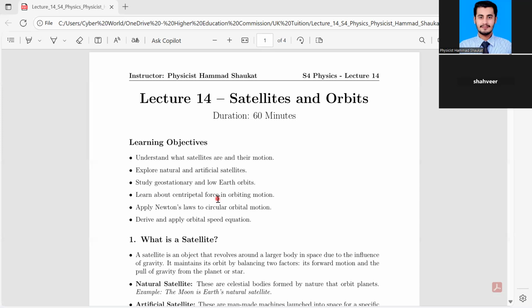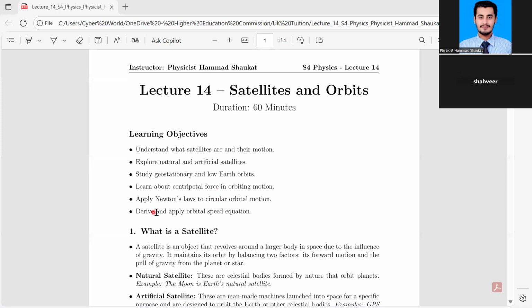Okay, basically, centripetal force is a force in which your body is revolving around a body. If a body is moving in a circle and that body is moving around some specific point or body, this type of motion is called centripetal motion, and the force related to that is centripetal force. Now it's okay? Yeah, okay.